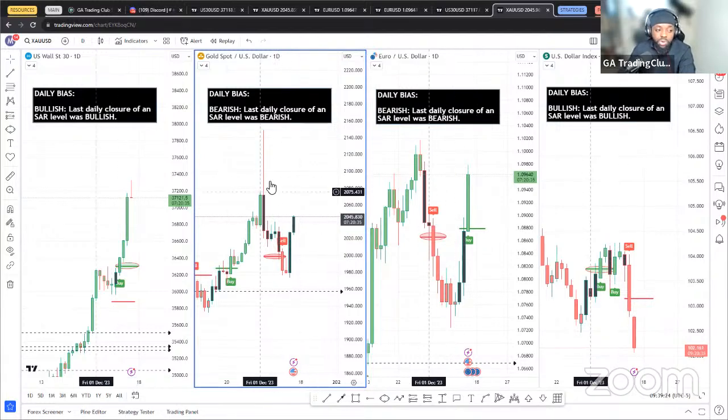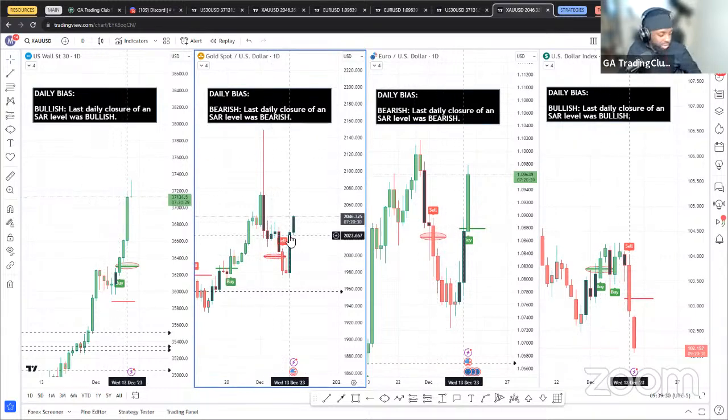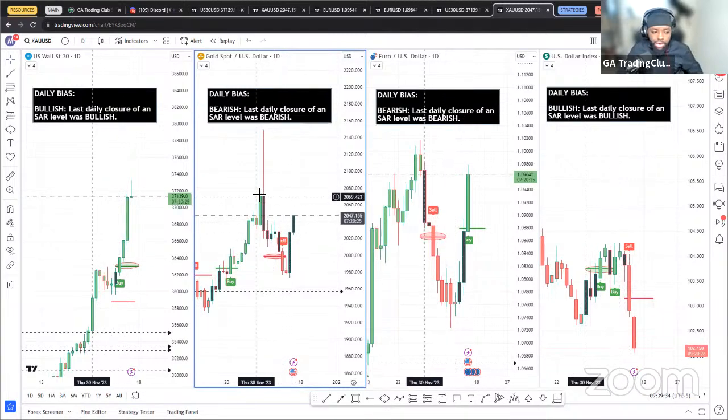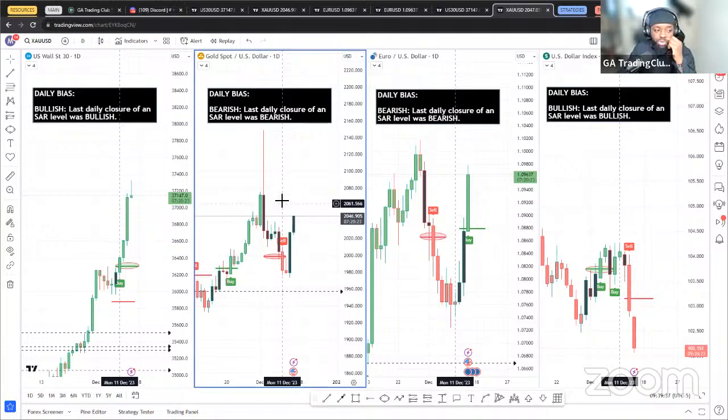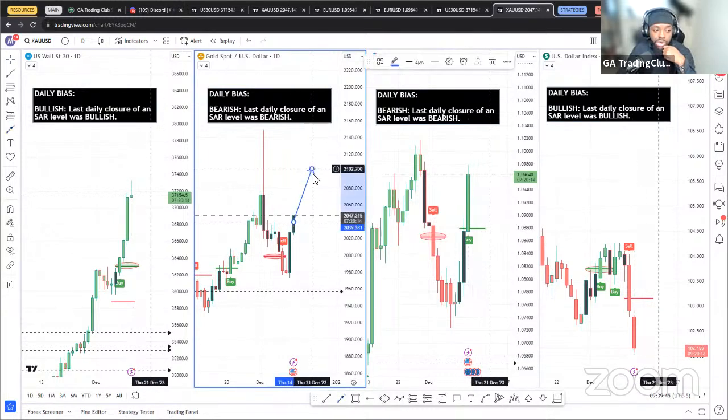So I was even cautious of doing any sales with gold because of this. As much as I'm still bearish on gold, you do have to consider whether there are any red flags. This red flag was a huge one to me because ideally I would have wanted the sell SAR to be created around 2100, which is where I think gold is headed, probably to 2100 and then back down.